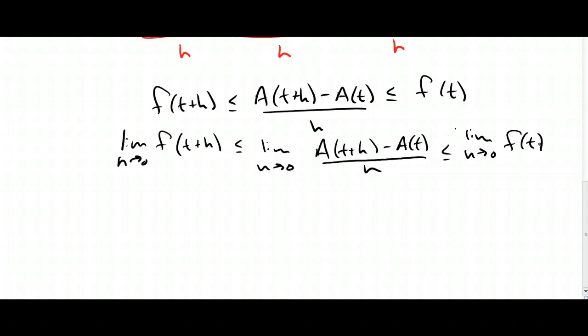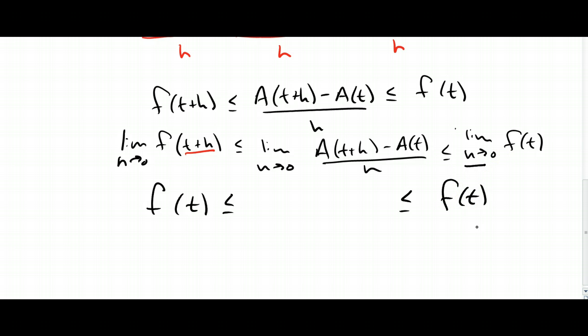Well, now if I solve those limits, as I let h approach 0 on the left-hand side, t plus h will just approach t. And so the value of this limit on the left-hand side is f of t. And on the right-hand side, there is no h, and so the limit as h approaches 0 of f of t is just f of t.